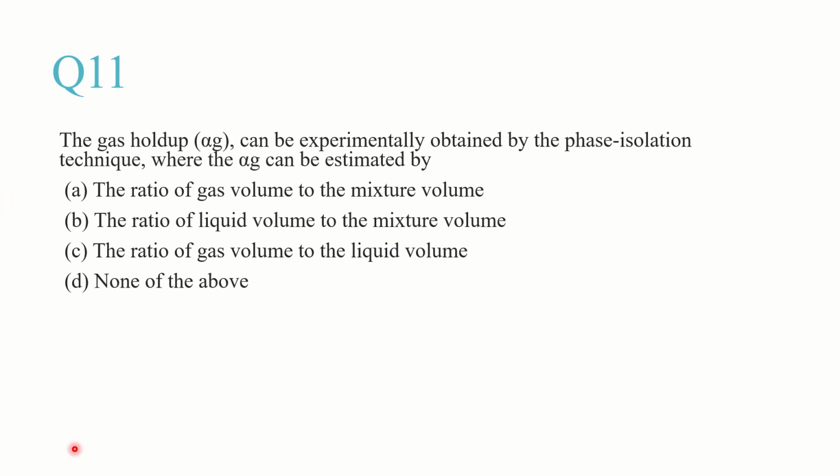Consider a system where we have gas, liquid, and solid. Each has its own volume fraction, that is the volume of gas, the volume of liquid, the volume of solid, and everything put together gives the volume of the mixture.